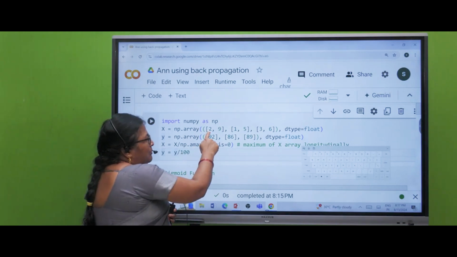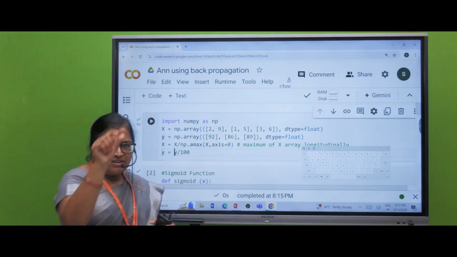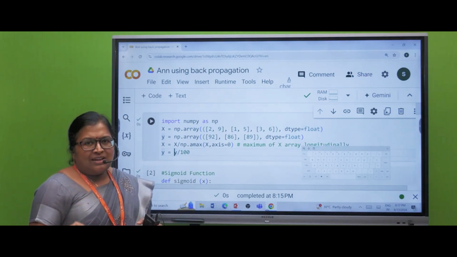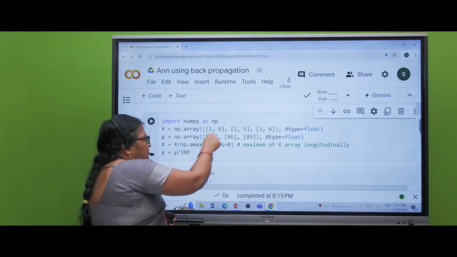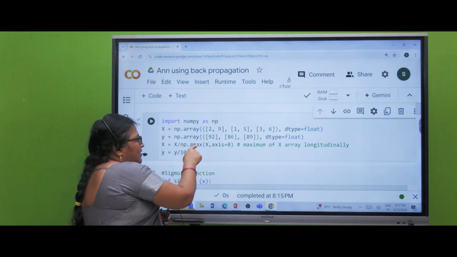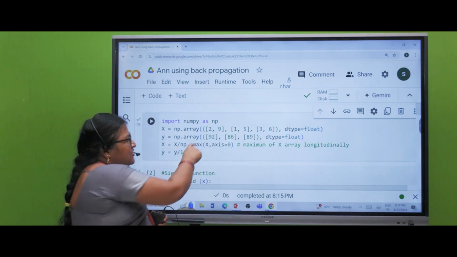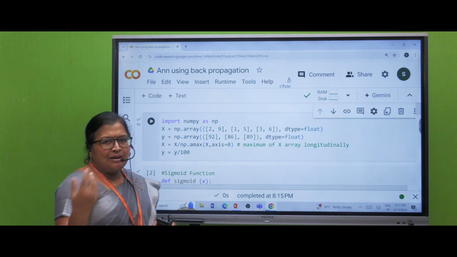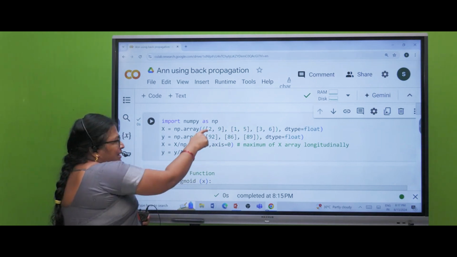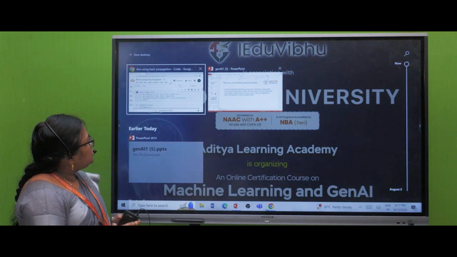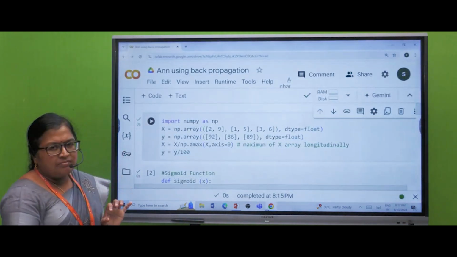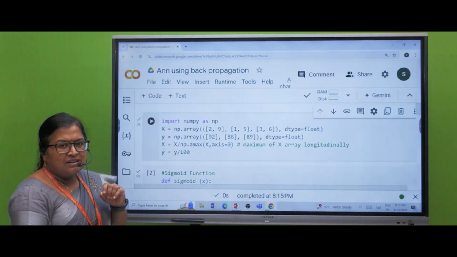So I have a column like 2, 1, 3. In that, take the maximum value, and in each column take the maximum value and divide each and every number of that column by that number. So this will process like 2 by 3, 1 by 3, 3 by 3. So the values will be consistent then. That is the meaning of this.